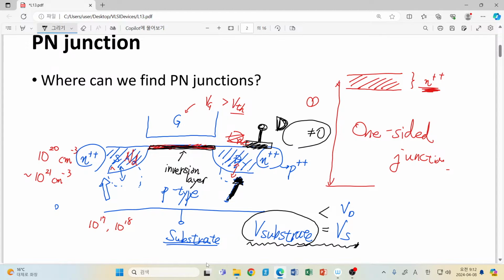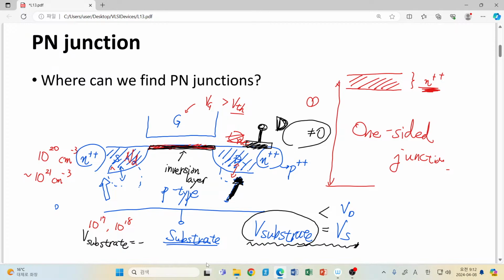Simply speaking, our p-n junction is located at its equilibrium state or in its reverse bias case. So let me think about this one. If you apply, for example, V substrate equal to minus 2 volt, and you apply 0 volt to your source and 1 volt to your drain, please think about this configuration.